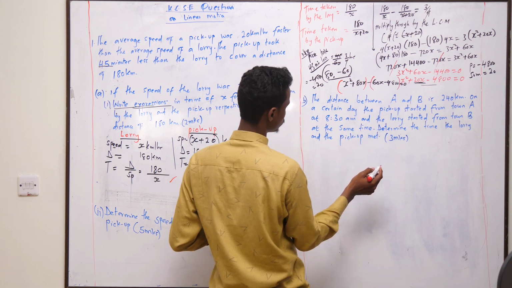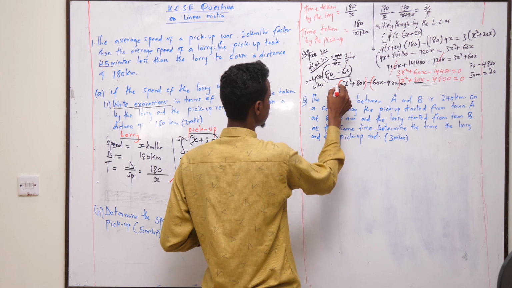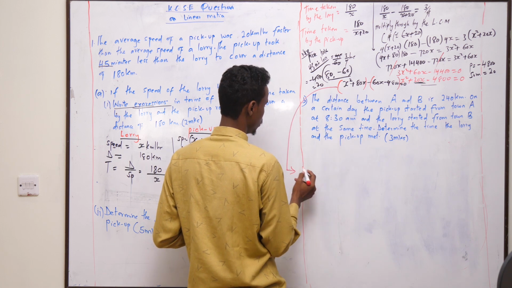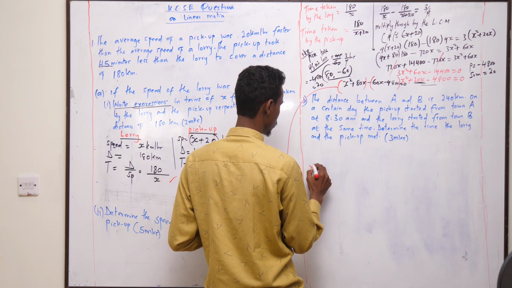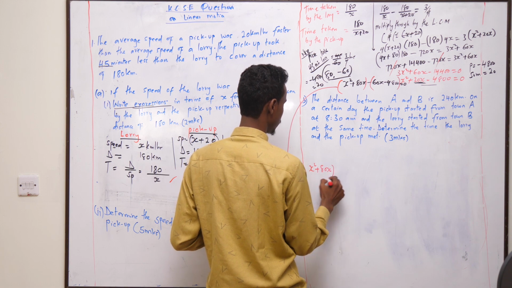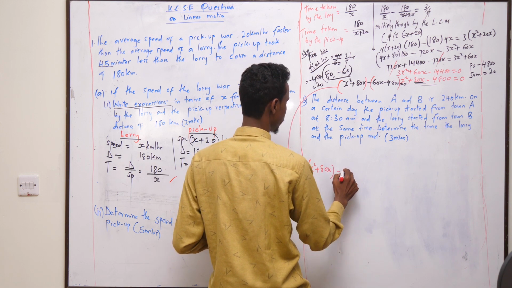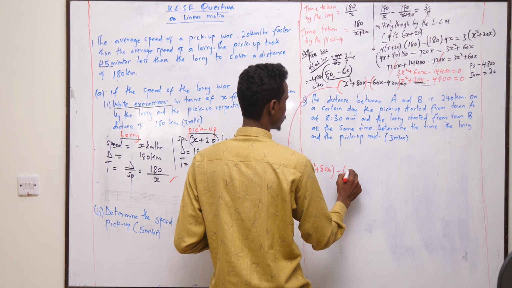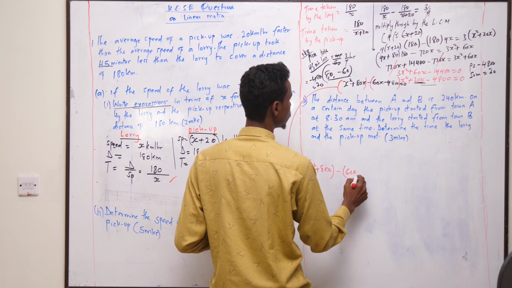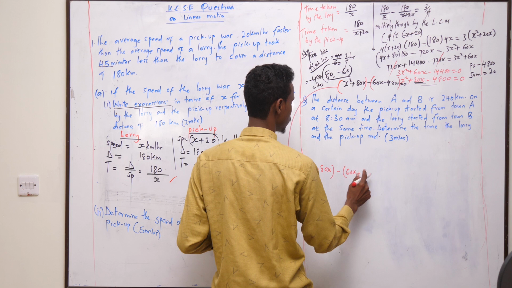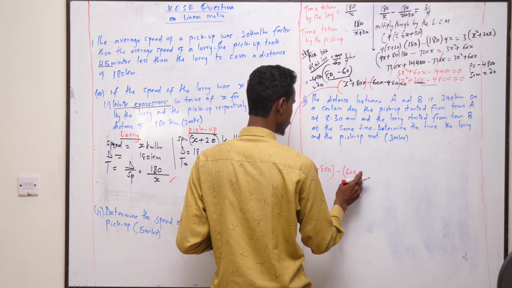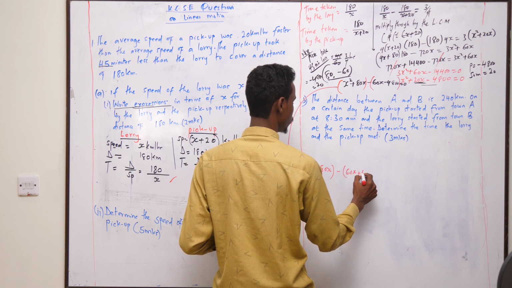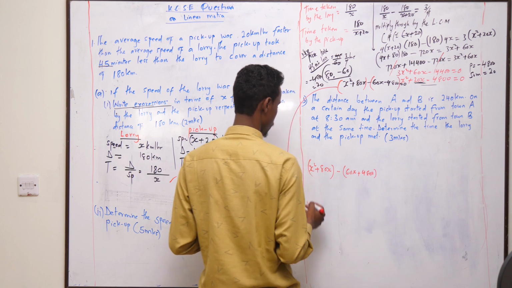Now let me transfer this here, for example. It will be x squared plus 80x minus into bracket 60x plus 4800.